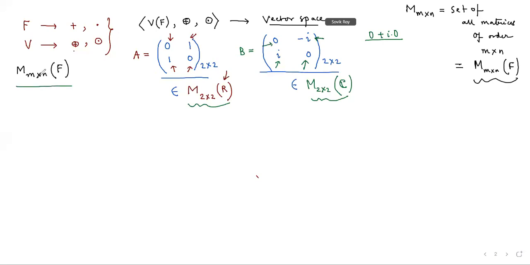when we write M cross n F. That means I am constructing the matrix, but the question is from which particular field I am choosing my matrix elements. This is the first thing that you have to understand.